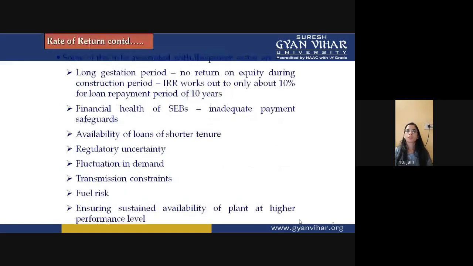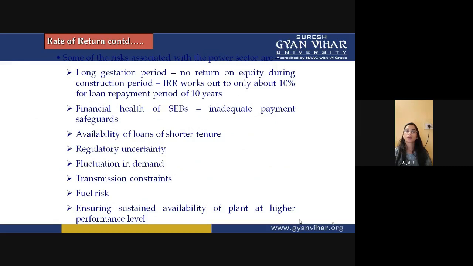So for the rate of return, some risks are associated with the power sector if you invest some money for the return. There is a long gestation period, and no return on equity during the construction period if you are constructing something in a power plant, so you will not get any kind of return. So IRR works out to only about 10% for a loan repayment period of 10 years.